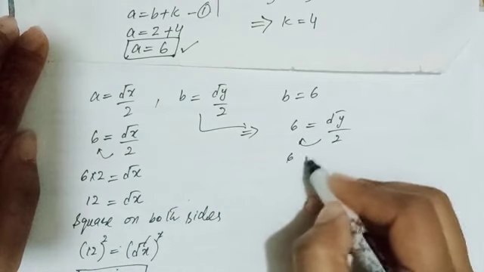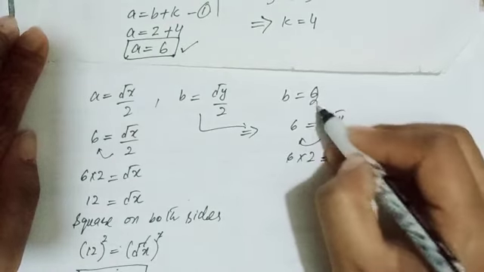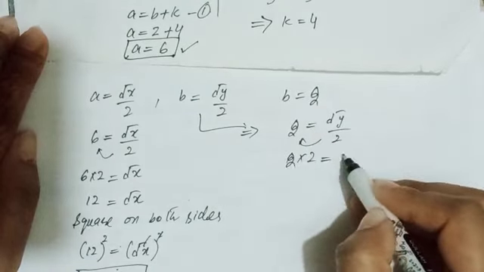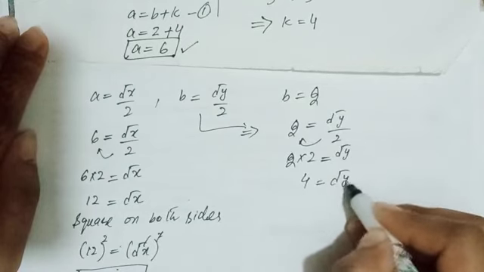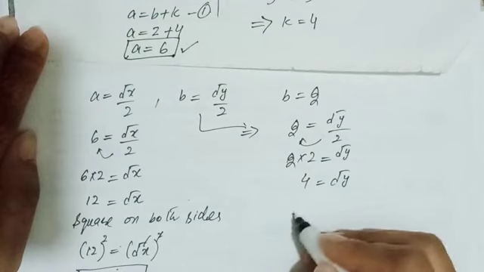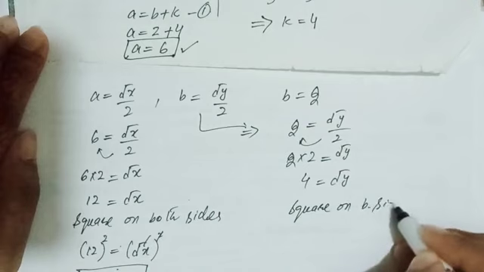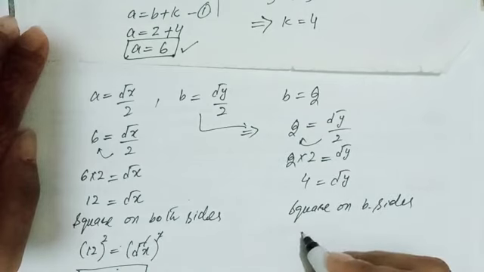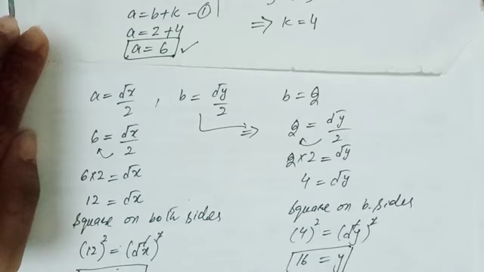Again 2 multiplied by 2, so it was 4 equals square root y, and we'll take the square again on both sides. The square root y squared cancels, and y is equal to 16.